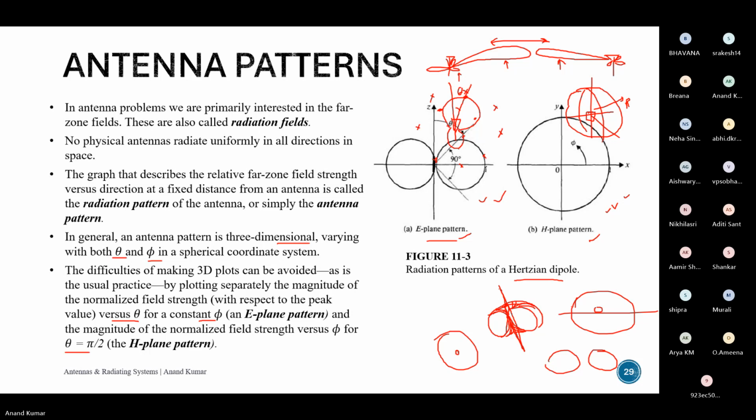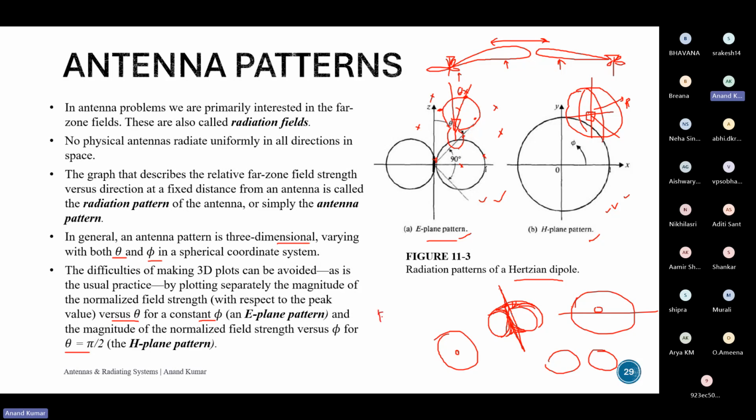Does the radiation pattern only give the far-zone field strength, or does it also give the near-field strength? The radiation patterns are plotted for the far field. When we plot these patterns, we do some approximation of the electric field strength at a certain distance.